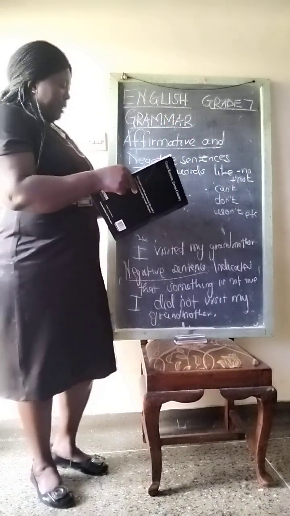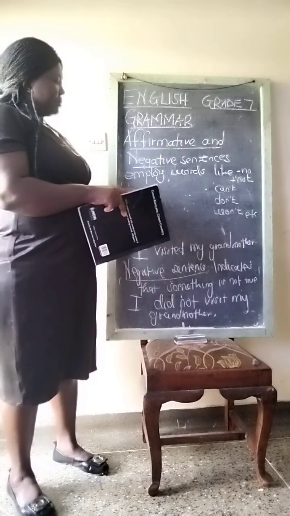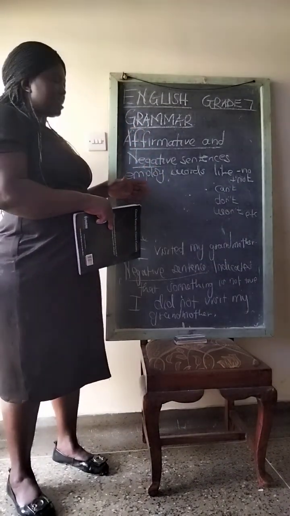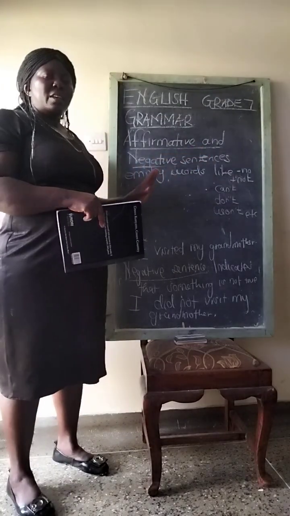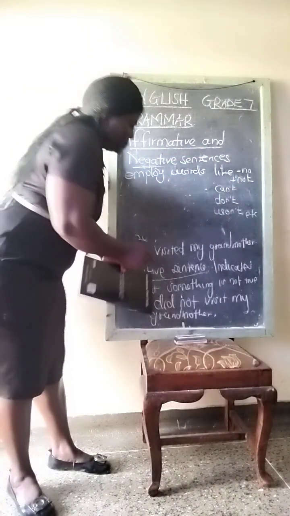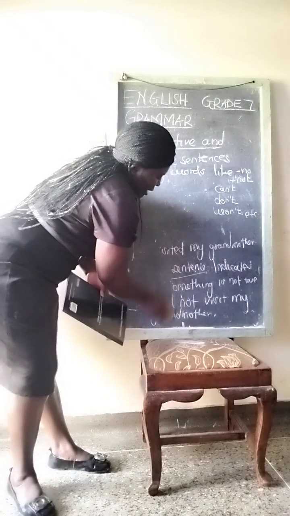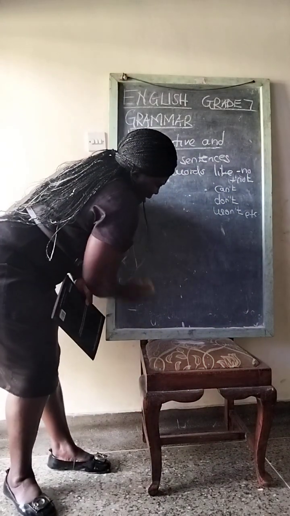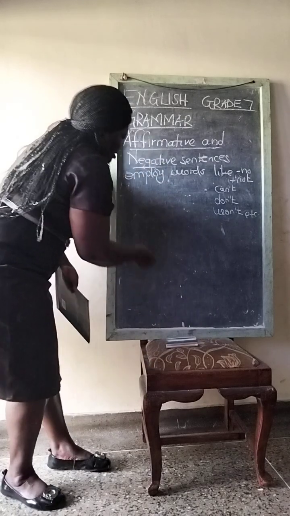Now let us write, because the blackboard is very small, one sentence which is affirmative, and the same sentence which is now negative. And I hope you're also giving other examples of negative and affirmative sentences. Let us start with the affirmative sentence.